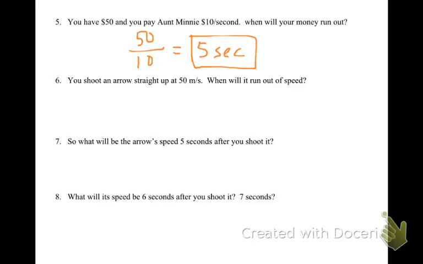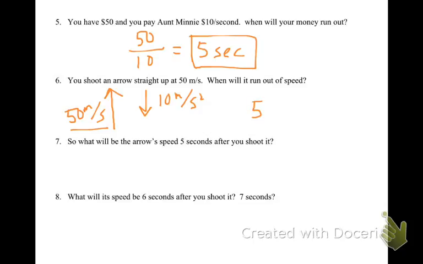It's uncalled for. However, let's think about this. We shoot an arrow up at 50 meters per second. Our acceleration is pointing in the opposite direction, 10 meters per second squared. So every single second, that arrow is slowing by 10 meters per second.